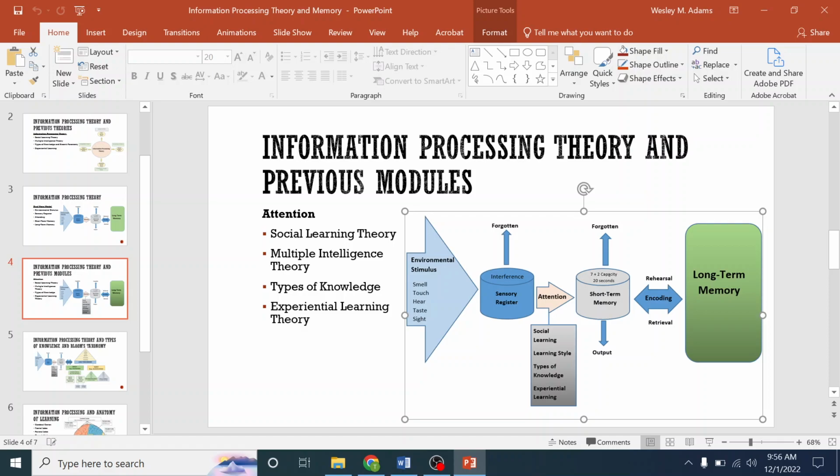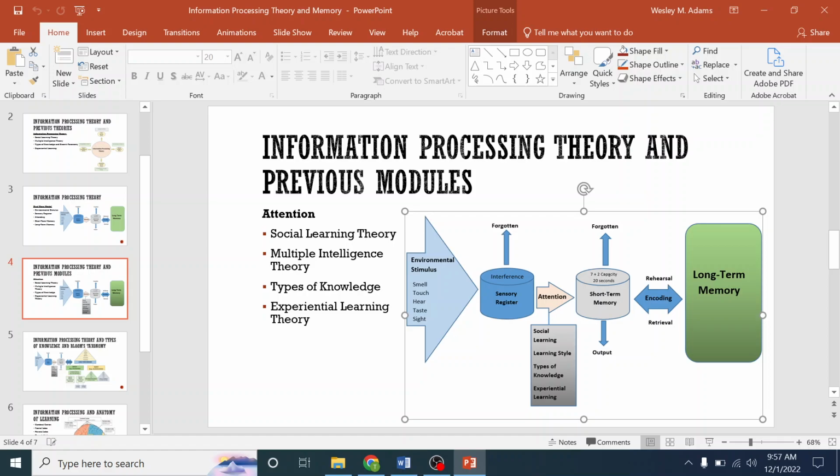The attention portion of information processing, because next class we're going to spend more time on the memory side of it. Right now I want to focus on attention, taking this information from the environment. What was most important? And it could be a combination of these two. Maybe it was experiential learning, but it was also social learning because you had to learn from your teacher, but your peers also helped you out.